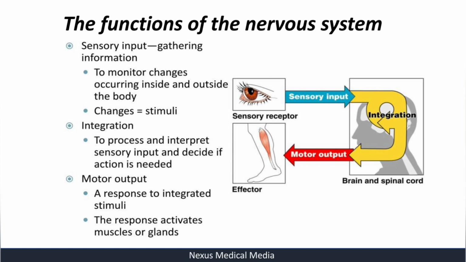So the nervous system is divided into two, the central and peripheral. The central nervous system is the brain and the spinal cord, and the peripheral nervous system is basically those 31 pairs of spinal nerves and the 10 pairs of cranial nerves.